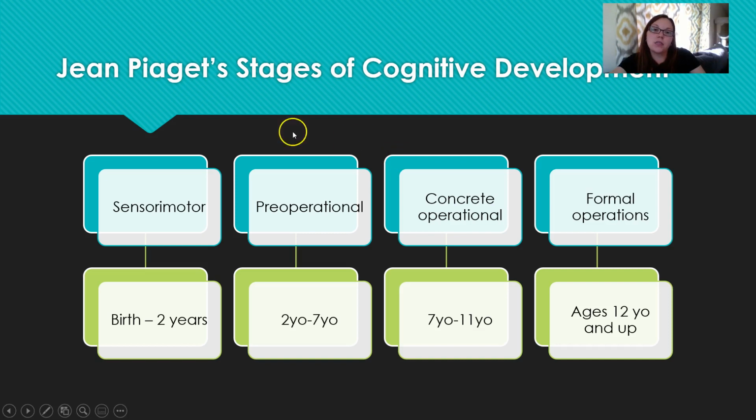This cognitive development is really important to the nursing perspective and the nursing role, because you need to be able to speak and pose questions and gather your assessment information at a cognitive level that's appropriate.